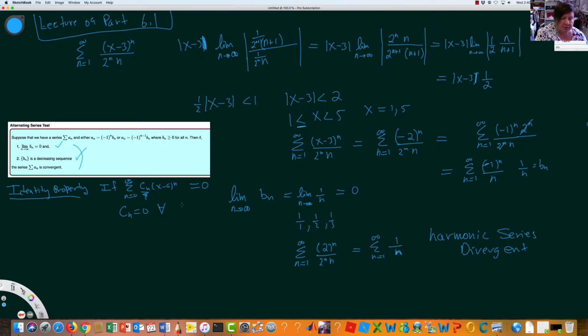This upside down A means for all n. Now that hopefully is relatively obvious because these are powers of x, I mean x minus a, but still powers of x. Because the different powers of x are linearly independent, you have to have all the c_n be 0 if the whole thing is equal to 0, because they're linearly independent and they're not going to cancel each other out in any other way. So that's the identity property. It's useful.